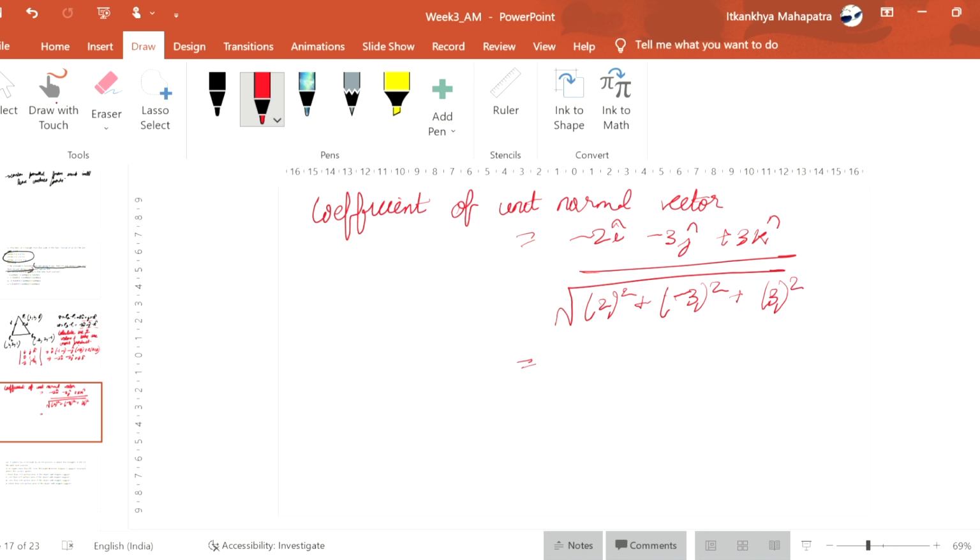Now this will become 4 plus 9 is 13, plus 9 is 22. So minus 2 i by root 22, minus 3 j by root 22, and plus 3 k by root 22.